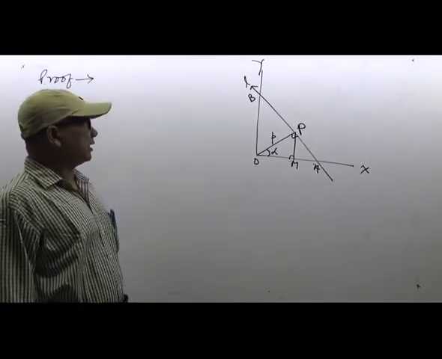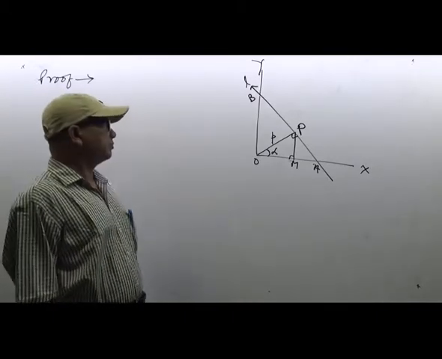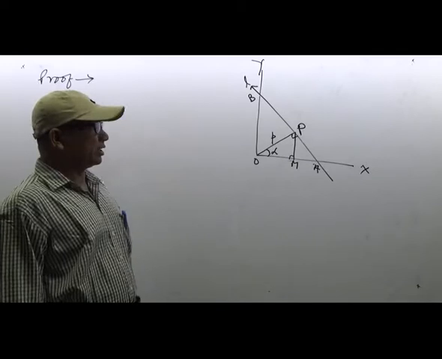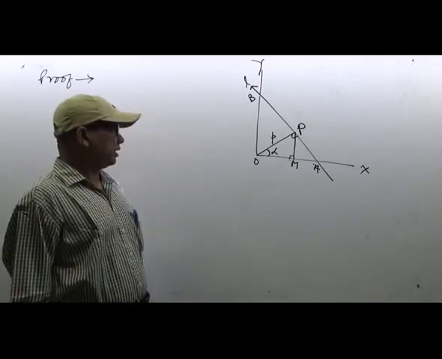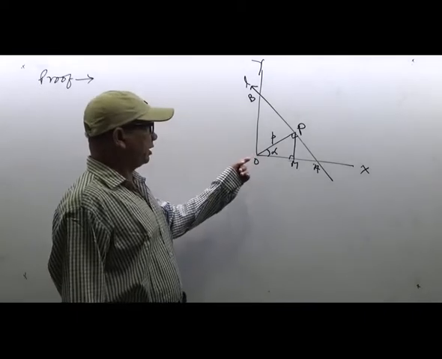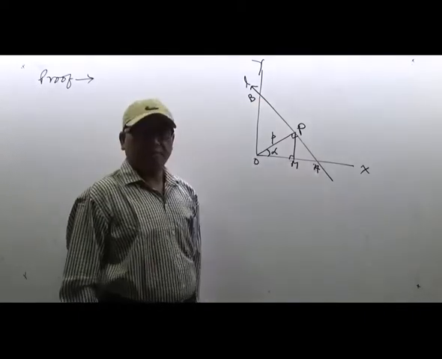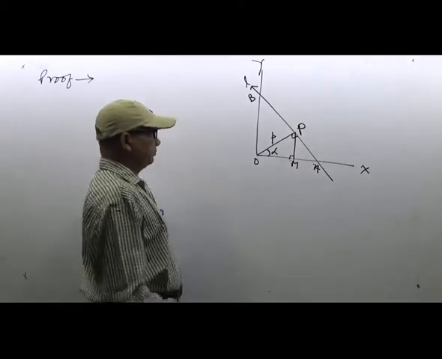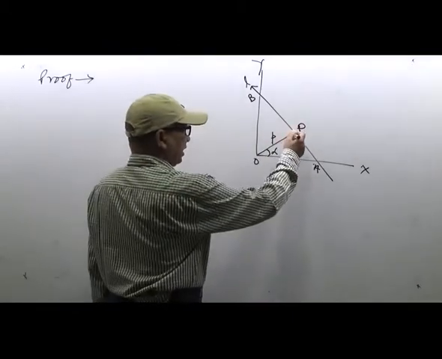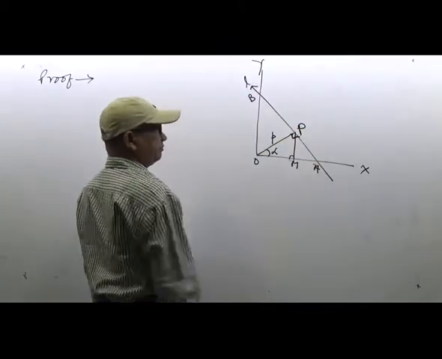Let x and y be rectangular axes and L be a straight line. OP is the length of perpendicular from origin to this line. This angle is 90 degrees, that is, OP is perpendicular on AB.